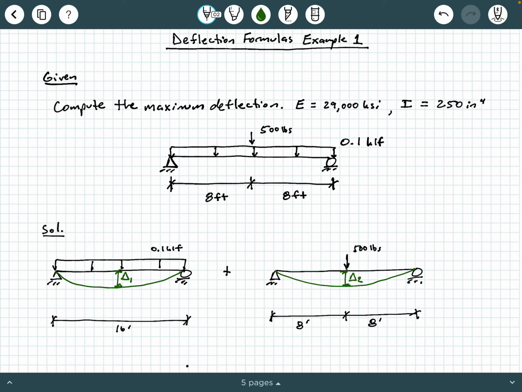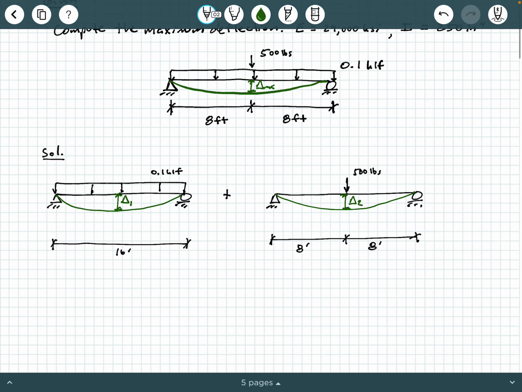And so the overall maximum deflection of this entire beam, call this delta max, will be equal to delta 1 plus delta 2. That's the idea of superposition. So we can write delta max is equal to delta 1 plus delta 2.